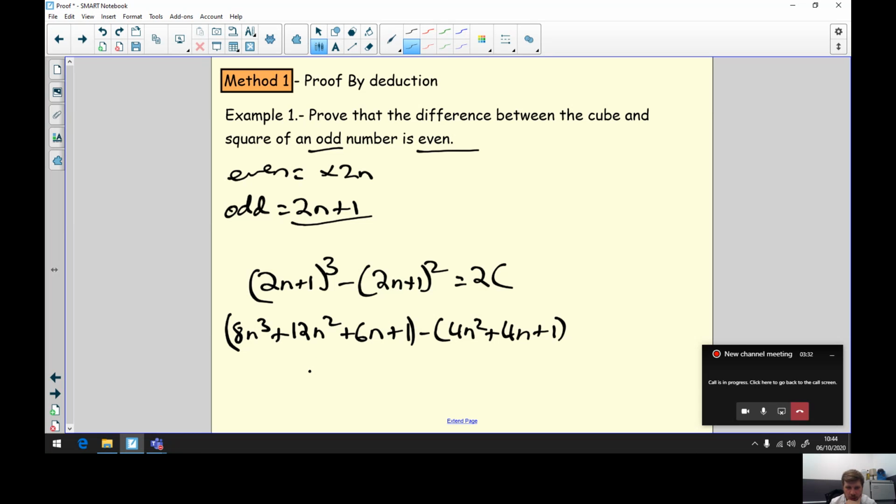When I take them away, I end up with 8n cubed plus 8n squared plus 2n, and as we were thinking earlier, I want that to be some multiple of 2, so I take out a factor of 2, and I'm left with 4n cubed plus 4n squared plus n, which has to be even because it's 2 multiplied by some value. I'd encourage you to pause it and write that down.